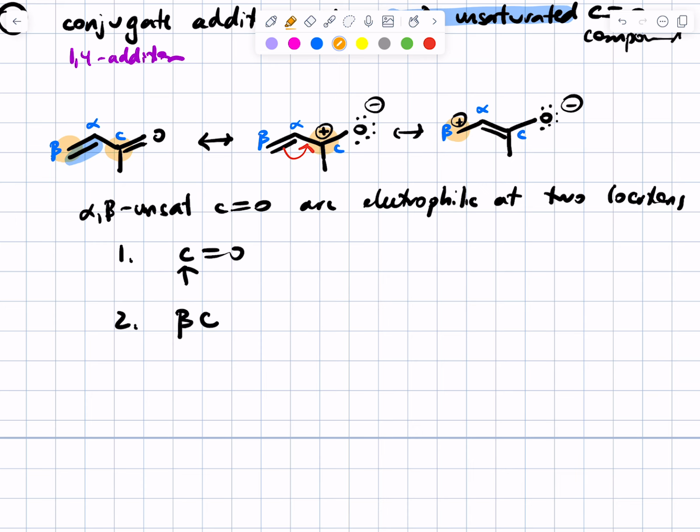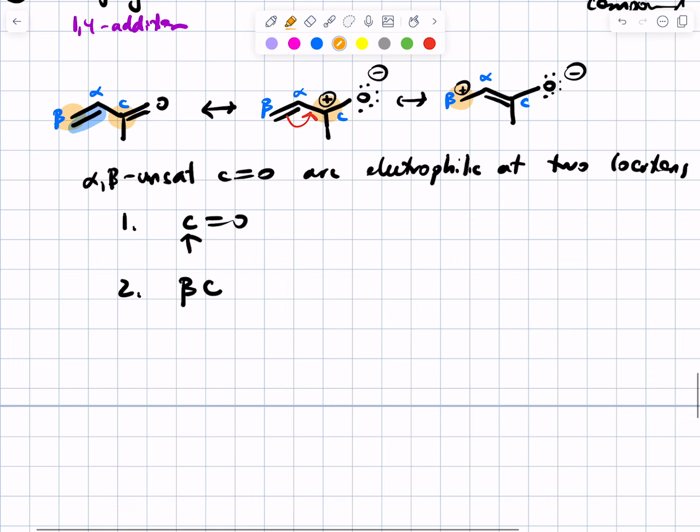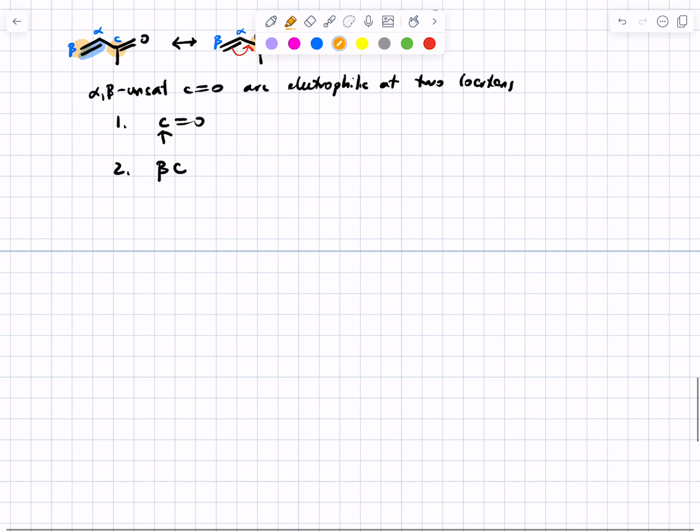Another way of saying that, though I won't show you this today, if you want to know more, come talk to me, I can show you a molecular orbital picture of what the LUMO of this molecule looks like. Another way of saying that both the carbonyl carbon and the beta carbon are reactive and electron poor is that the LUMO is also out on the beta carbon. So a nucleophile is going to have to choose whether to attack the carbonyl carbon or the beta carbon.